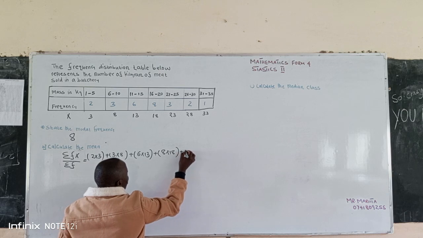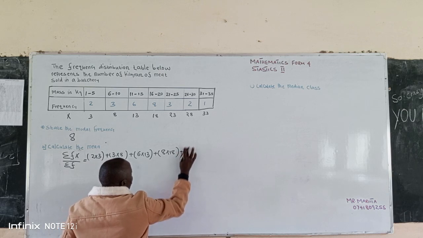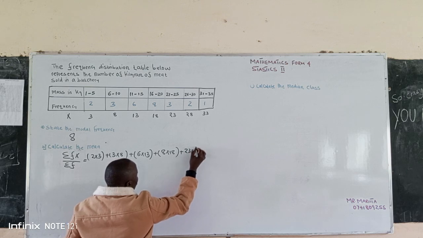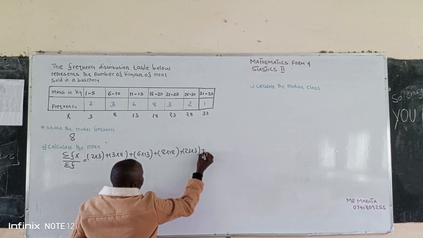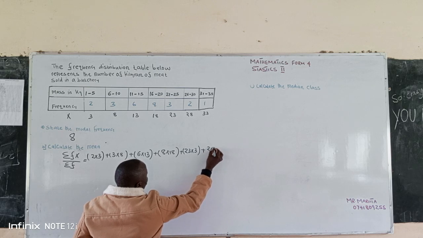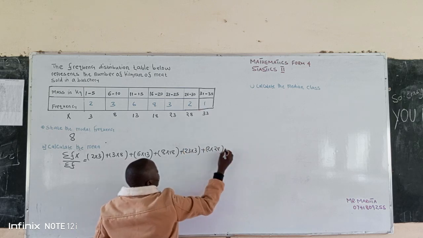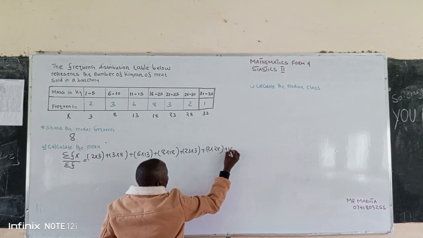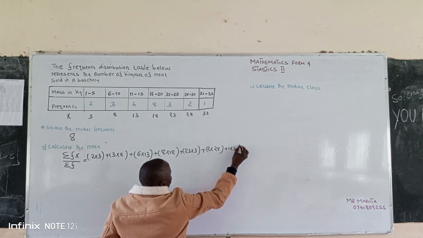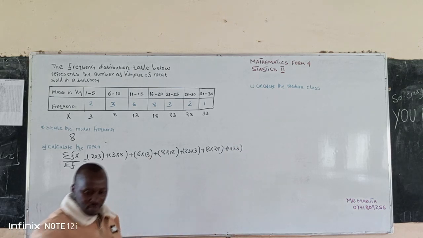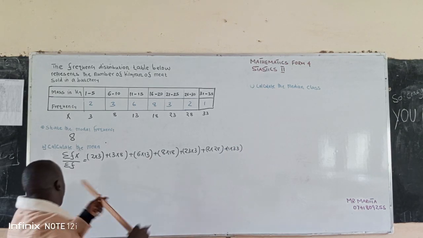Next, 3 multiplied by 23. Then 2 multiplied by 28. Then finally 1 multiplied by 33.